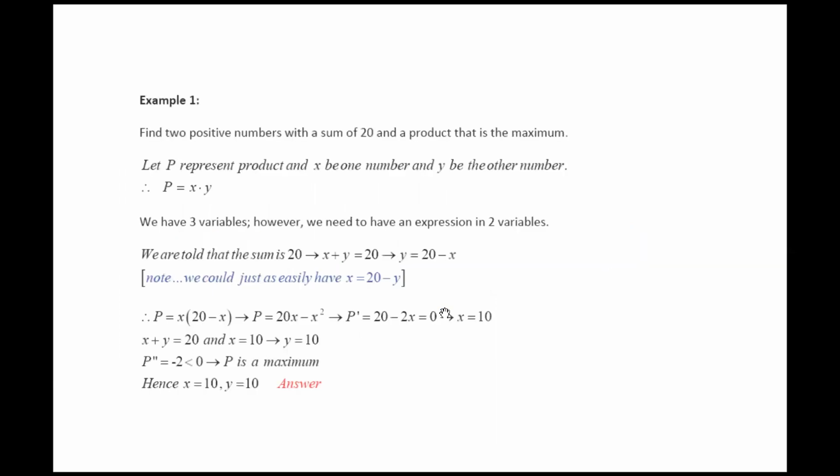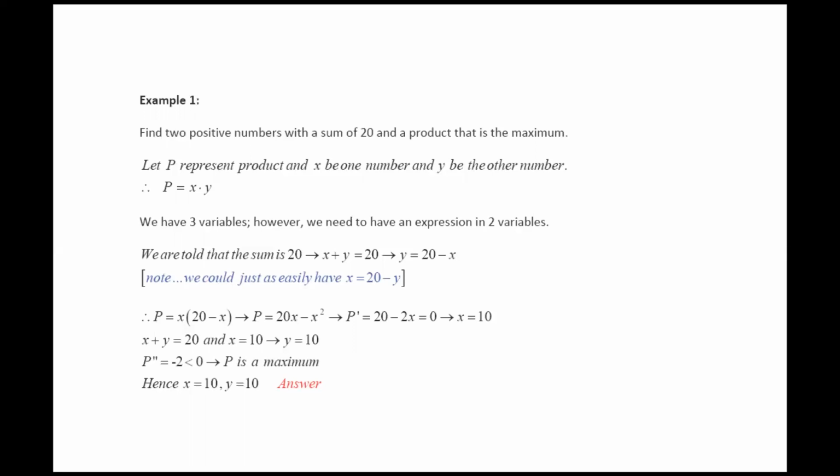Let's look at some examples. Example 1. Find two positive numbers with a sum of 20 and a product that is the max. The first thing we have to ask ourselves is, what is it we wish to maximize? It's the product.